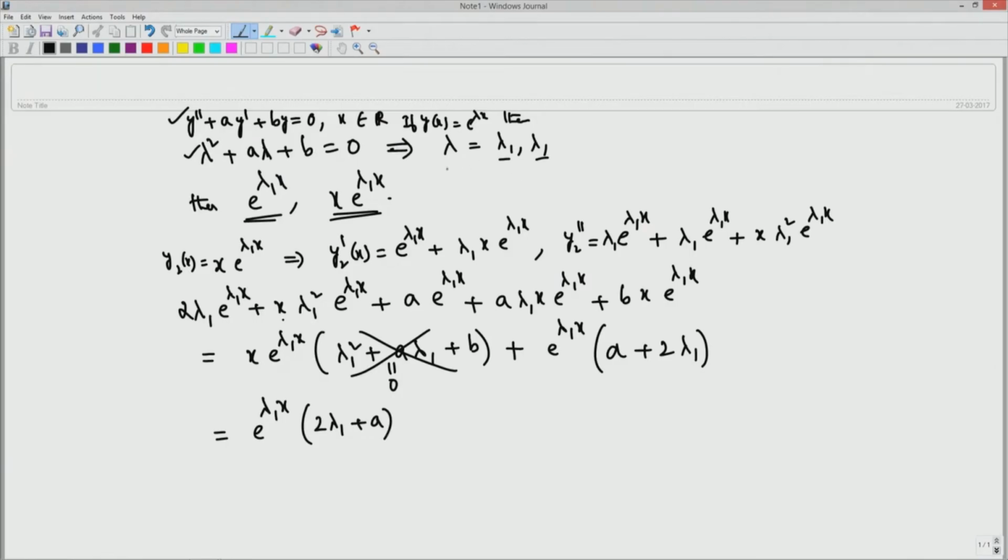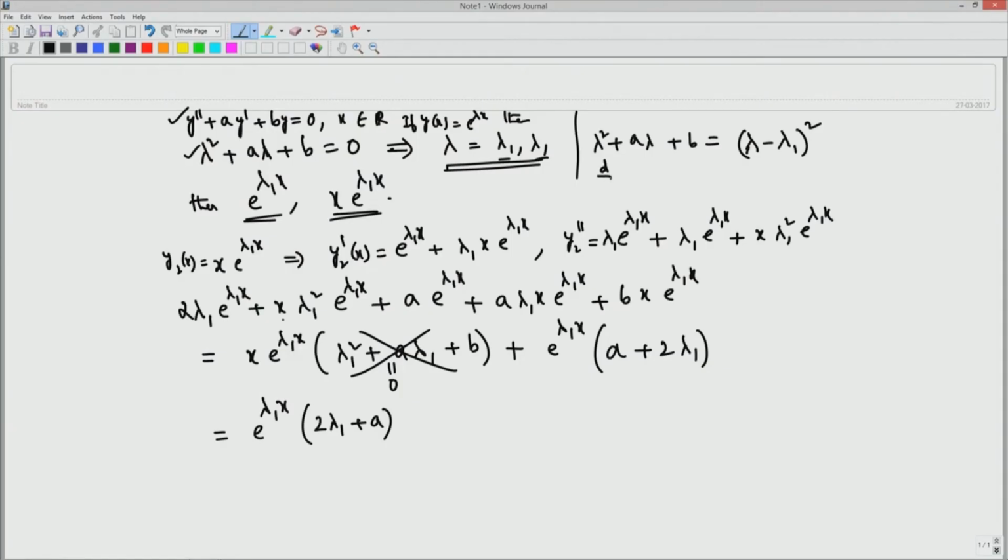Okay, if the root is lambda 1 and repeated, then lambda square plus a lambda plus b is actually equal to lambda minus lambda 1 whole square. Now if you put lambda equal to lambda 1, this is 0, both left hand side and right hand side are 0.